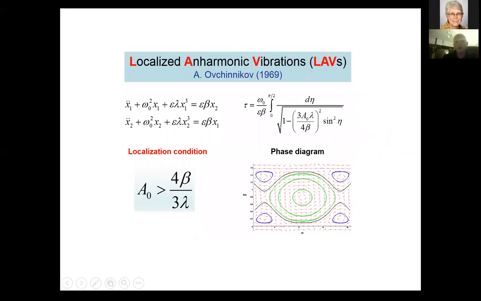LAV is localized anharmonic vibrations, actually discovered in 1969 by Ovchinnikov, who showed that already two coupled oscillators can be more or less independent from each other, which means that they don't share energy.